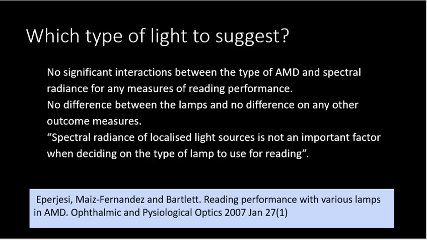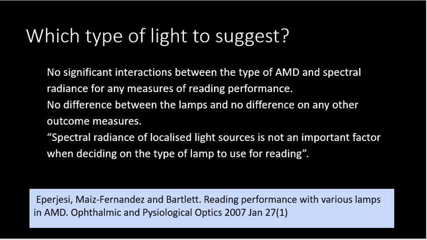So the researchers chose to study patients with AMD because AMD is the most common cause of vision impairment, and research suggests that patients with AMD benefit from task lighting. And the researchers were actually interested to find out if there's a relationship between what's called spectral radiance and retinal scatter.